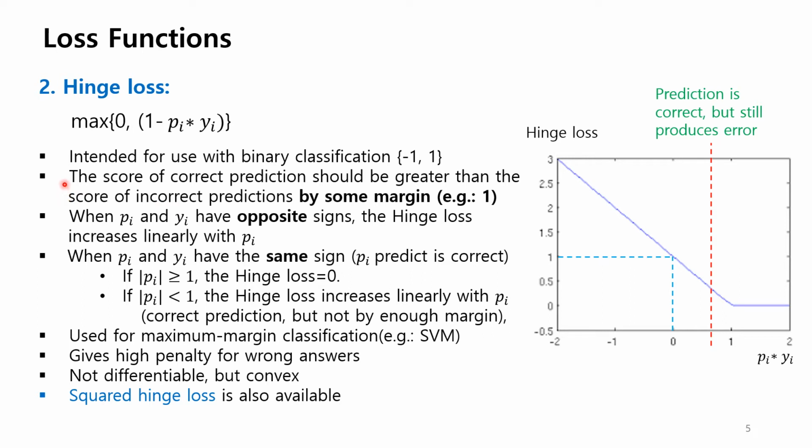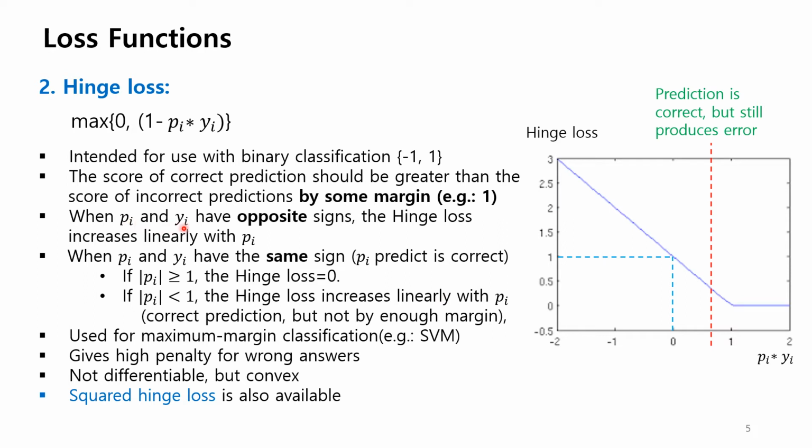So what I mean by that is the following. Suppose pi and yi have opposite signs. That means our prediction is wrong, so definitely we have error. In that case, the hinge loss increases linearly with pi. If you look at this picture, the x-axis is pi times yi, and the y-axis is the value of hinge loss.